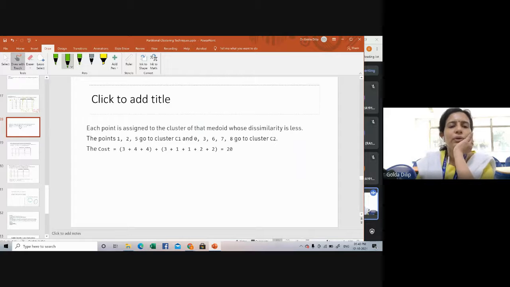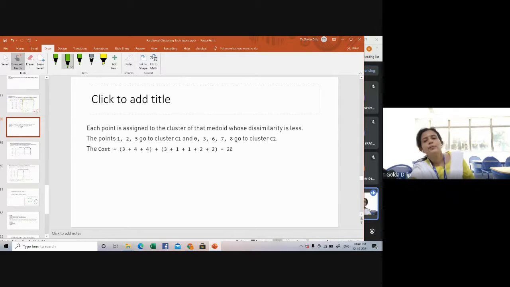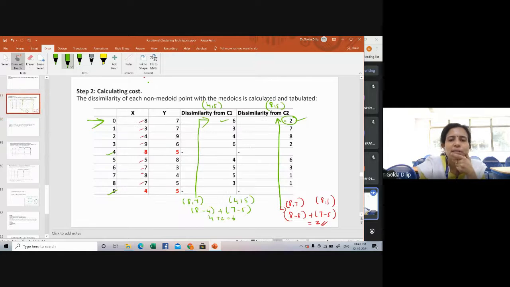Each point is assigned to the cluster of that medoid whose dissimilarity is less. Here, when you see these 2 points, the dissimilarity is less, the value is 2.